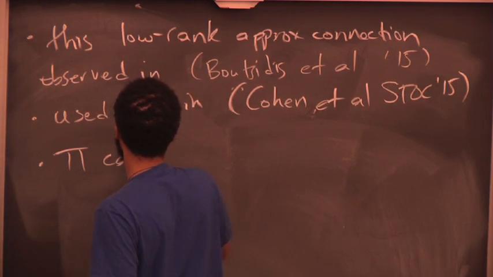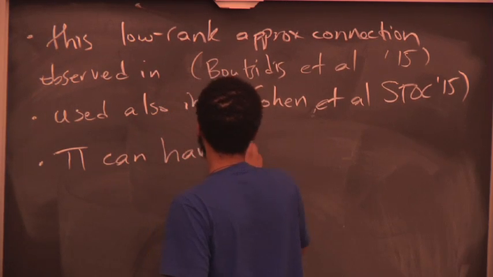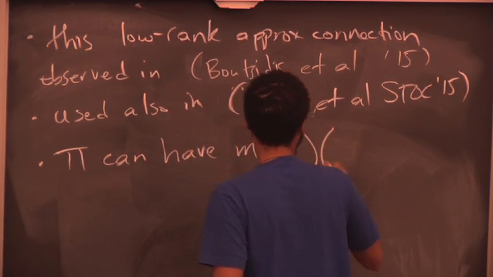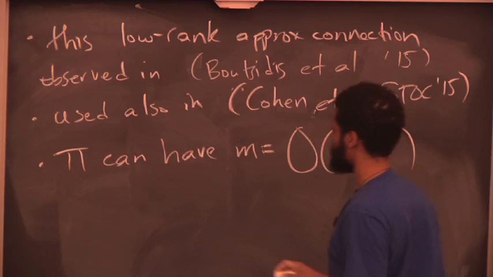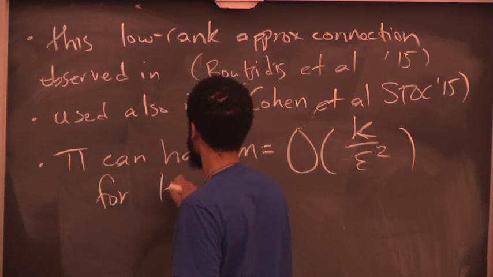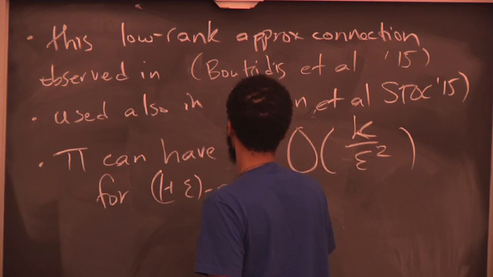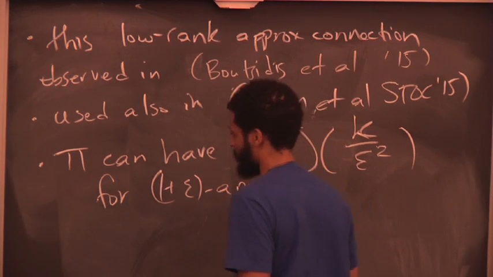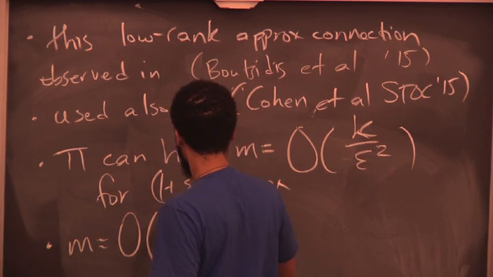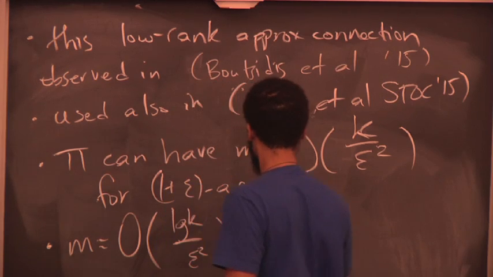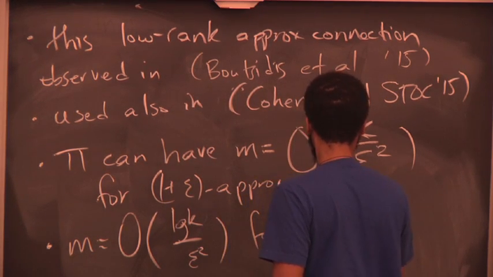Pi can have m being O of k over epsilon squared for a 1 plus epsilon approximation, and m can be log k over epsilon squared for a 9 plus epsilon approximation.